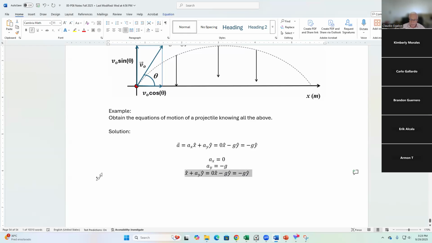Like that. Our first equation of motion set.